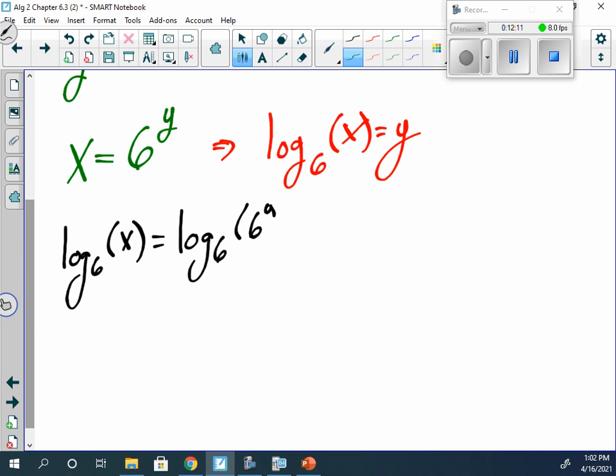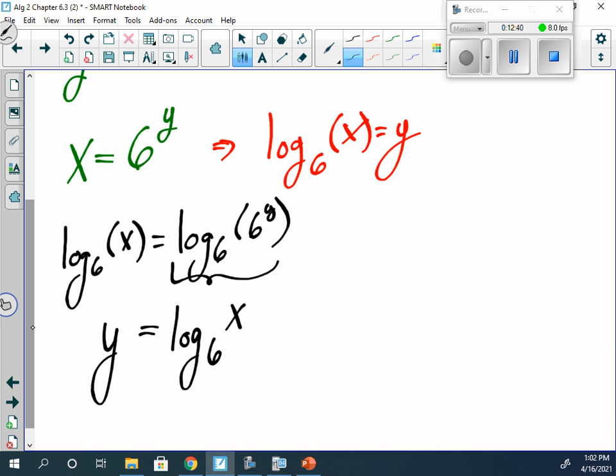Because as long as we do the same to either side of the equation, it does not change anything. But on the right side here, log base 6 of 6 to the y is going to become what? Log base 6 of 6 to the y is y. It's y by itself, and it is equal to log base 6 of x.